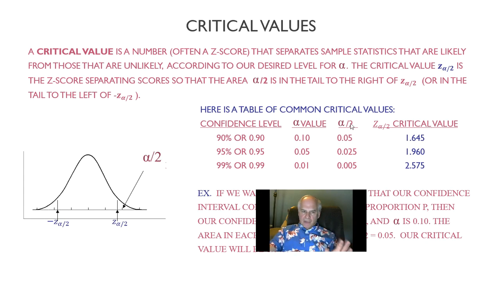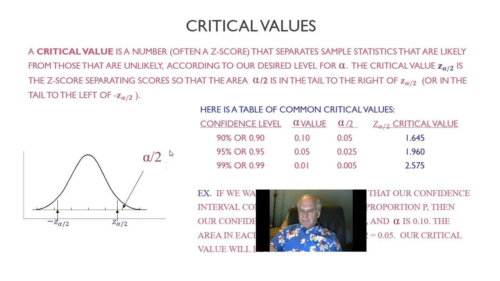Now, a critical value is a number, often a z-score, that will separate sample statistics that are likely from those that are unlikely, according to our desired level for alpha. Now, the critical value, z alpha divided by 2, is the z-score separating scores so that the area alpha divided by 2 is in the tail to the right of the critical value.